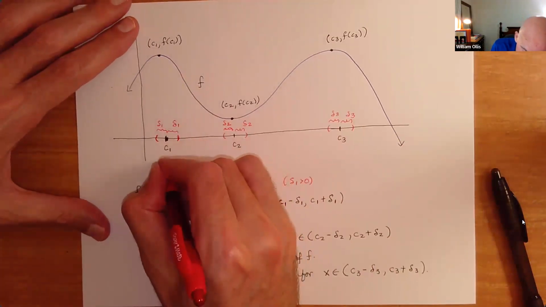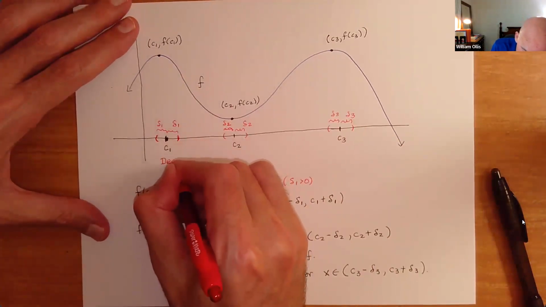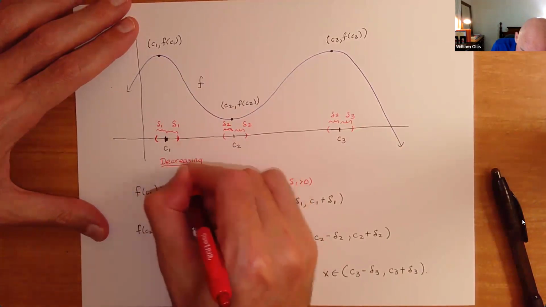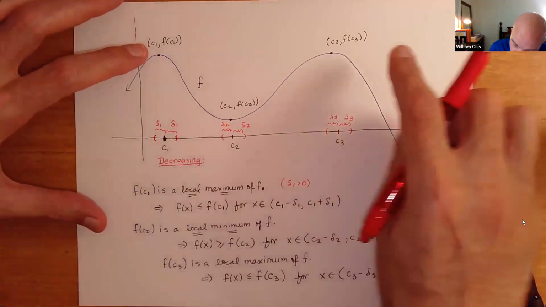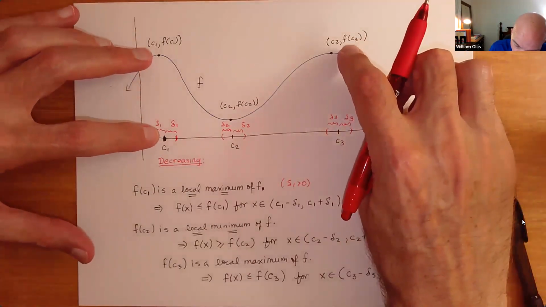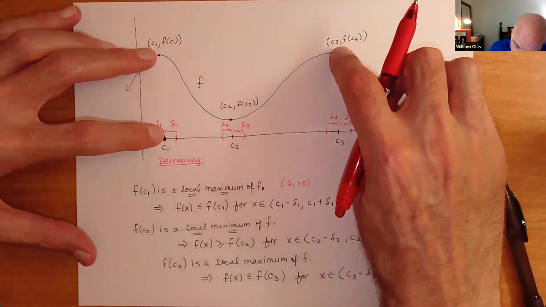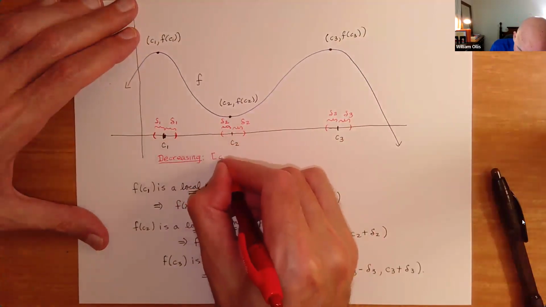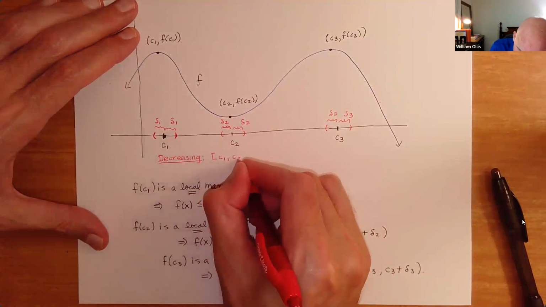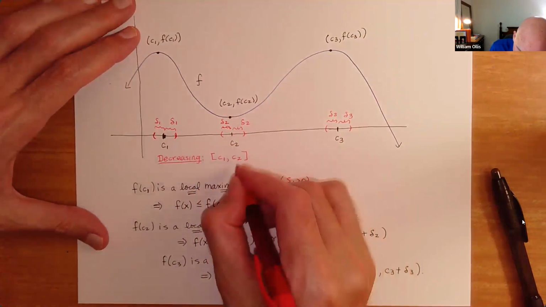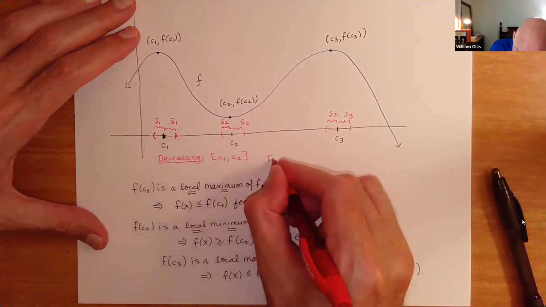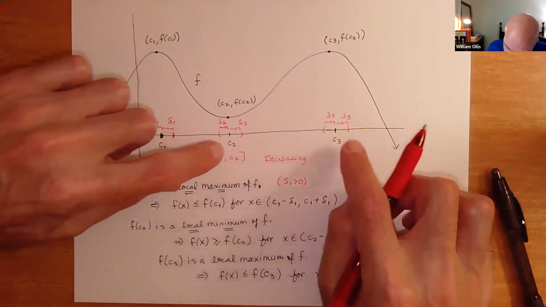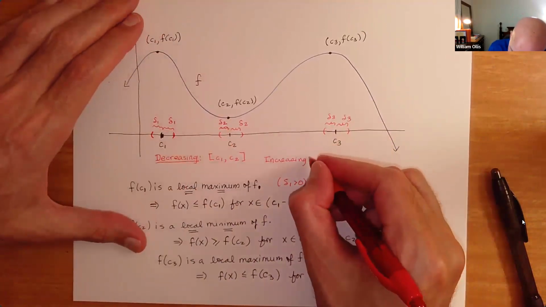So we'll say decreasing, and we'll just confine ourselves to this piece right here, C1 to C3. We'll say decreasing C1 to C2, include the endpoints, and then we'll say increasing C2 to C3. The graph is rising.